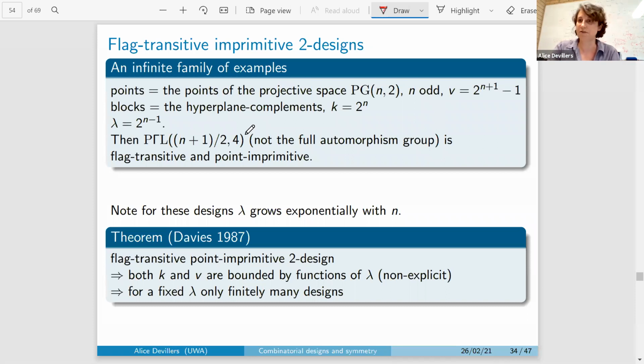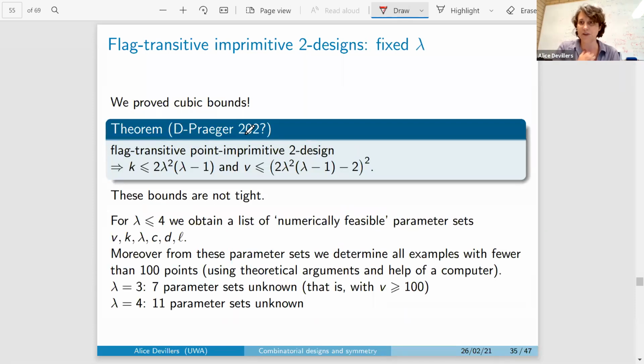And what we did, it was part of our discovery project, we proved that there are cubic bounds, so that k is less than or equal to this number here, 2 lambda squared times (lambda choose 1), and v, so this is just the (k choose 2) squared that I mentioned earlier. So the real result is this part here. Note this is not tight, so it might still be possible to improve this.